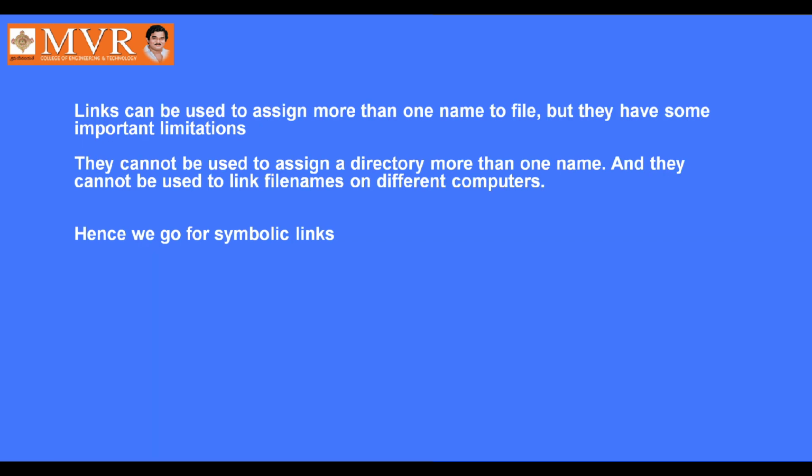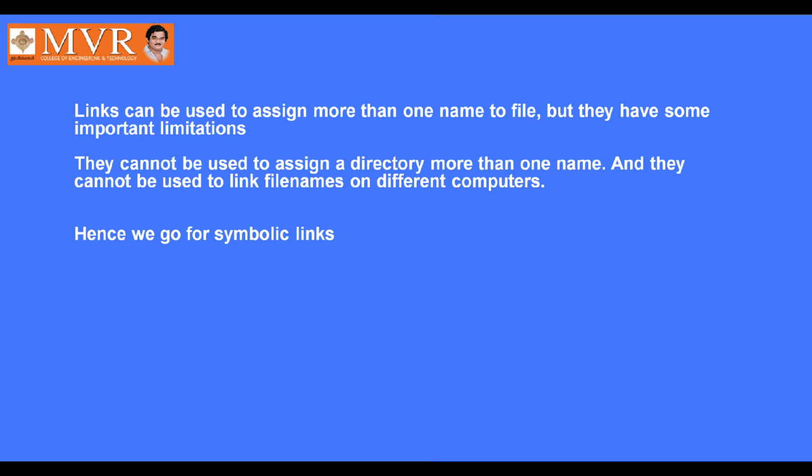So what is the use? Links can be used to assign more than one name to a file, but they have some important limitations. They cannot be used to assign a directory more than one name. That means you can assign more than one name to a file, but not to a directory. And they cannot be used to link file names on different computers.